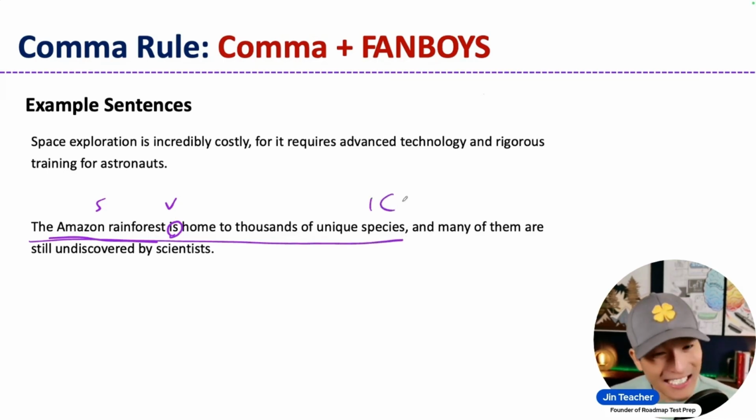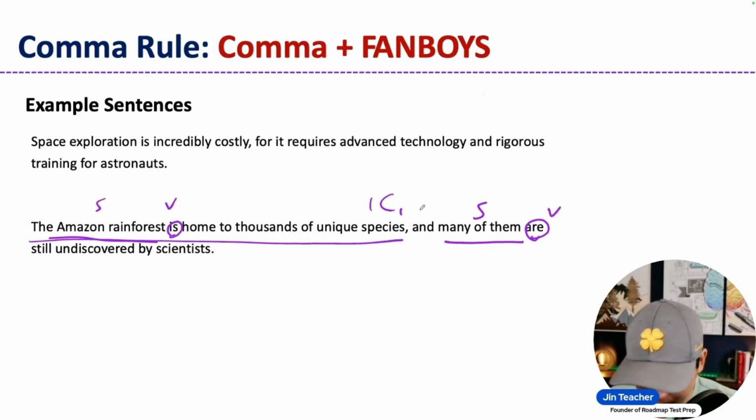You can kind of tell because you say, and many of them are, you have a new subject and a new verb. This is how I know that my independent clause is going to end here, because if you just keep reading, the independent clause does not continue on. The independent clause ends right here.